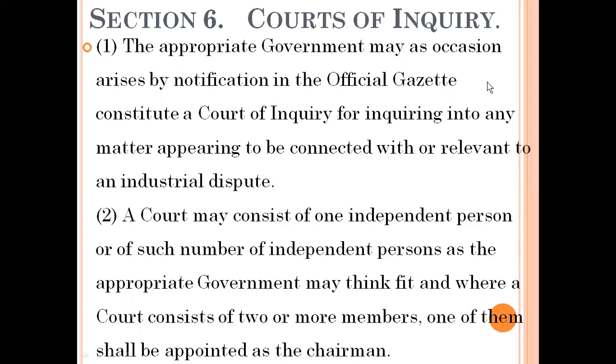The court shall consist of one independent person or of such number of independent persons as the appropriate government may think fit, and where a court consists of two or more members, one of them shall be appointed as the chairman.